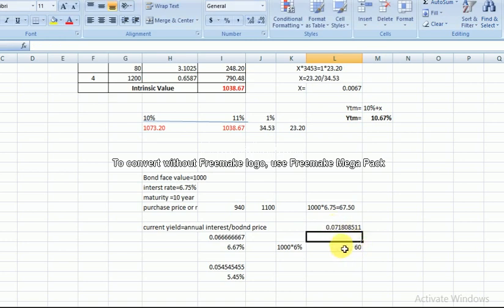It gives us 0.0718, which means 7.18% returns.